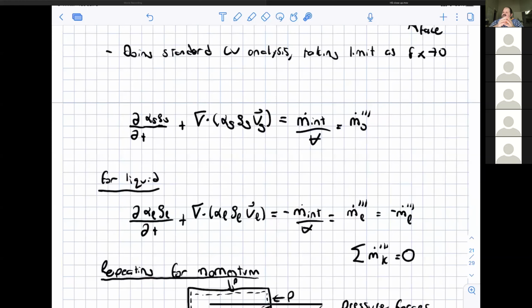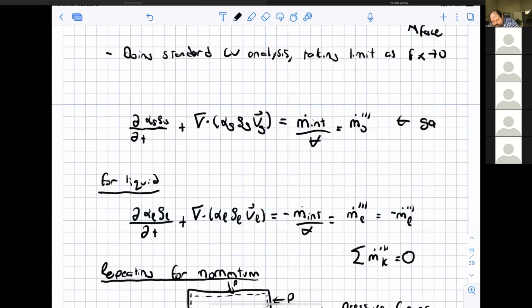Okay, so are there any questions with this? So it's essentially the same. This is gas phase conservation of mass. It is essentially the same as the standard conservation of mass, with the exception that the gas phase density in the two terms is weighted by the volume fraction of the gas.